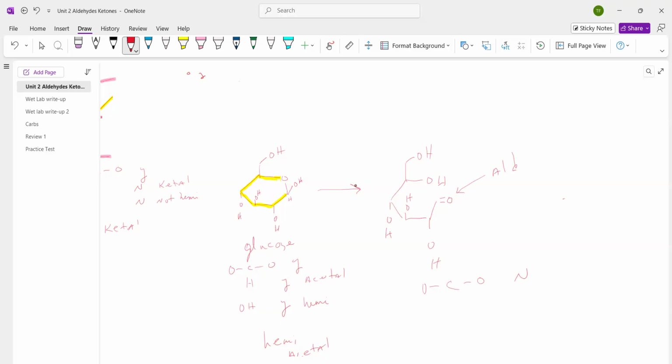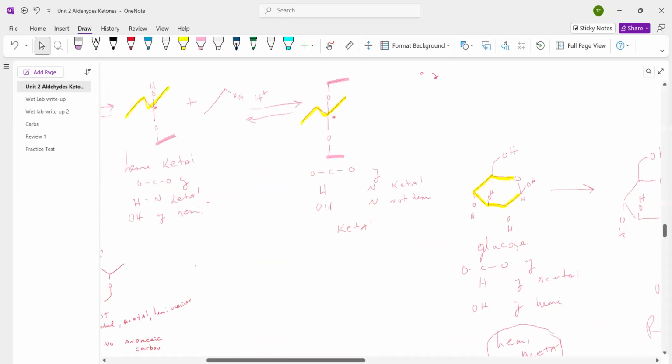It's a pretty wild reaction. But it's only because this sugar can open up. If the sugar opens up, it's called a reducing sugar. So on a test, if I ask you if this is a reducing sugar, you look for the hemiacetal. If a hemiacetal is present, that means it can open up. That means it's a reducing sugar.